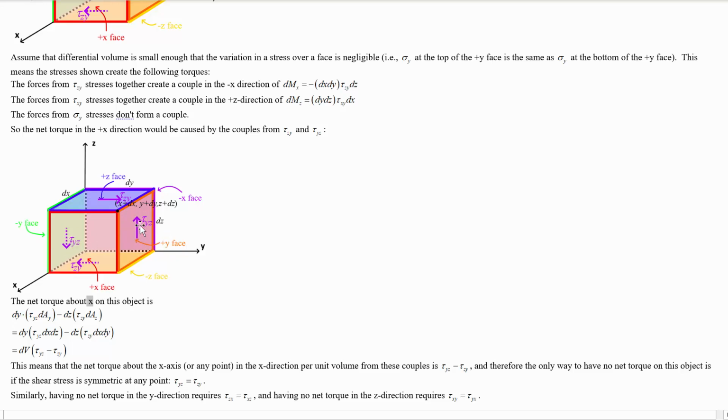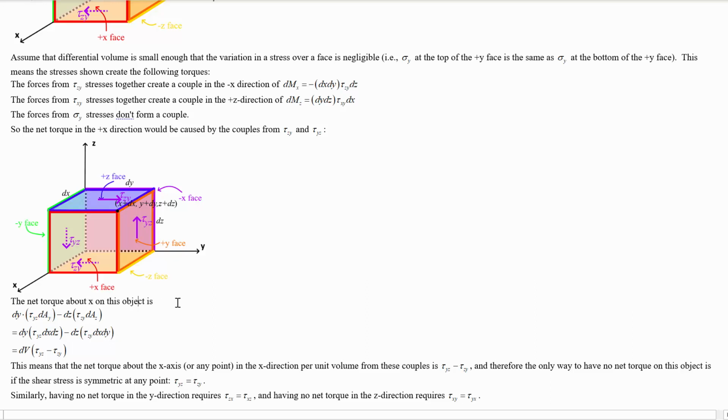So that'll be tau yz times the area of that face, which is dx and dz, multiplied by dy, the distance between them. And then the moment produced by tau zy that we figured out above is dz, tau zy, dx dy. So there's the same volume element in each of these.